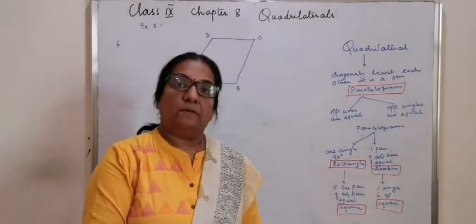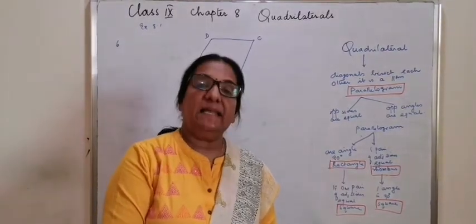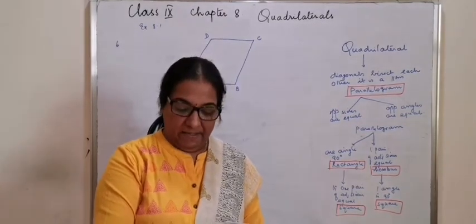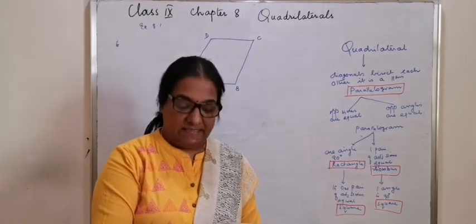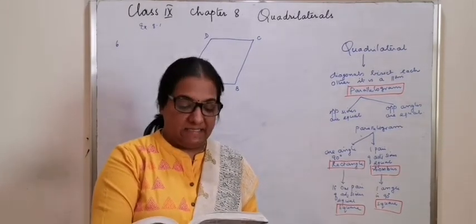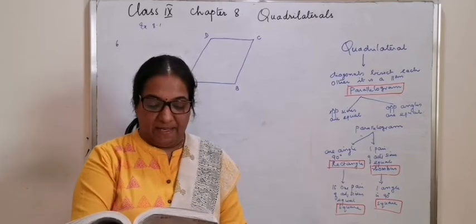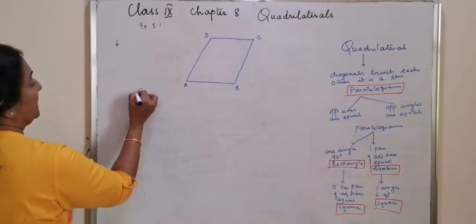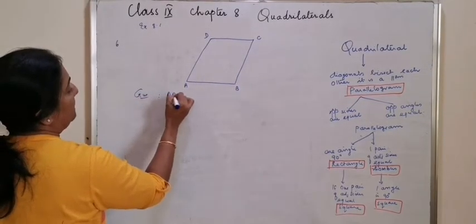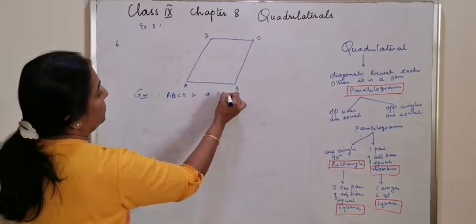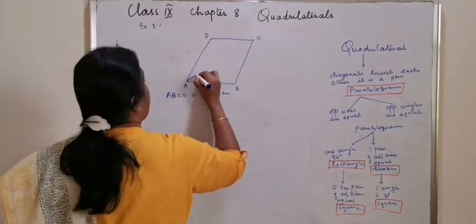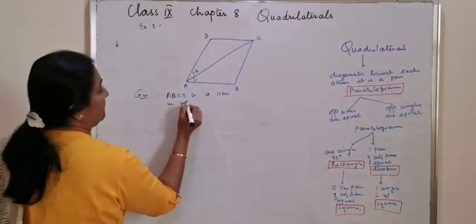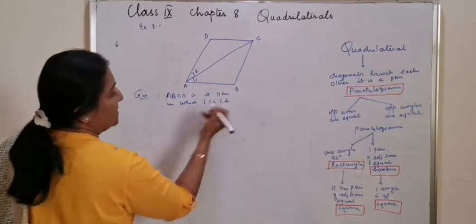Question number 6. Diagonal AC of a parallelogram ABCD bisects angle A. Show that it bisects angle C also, and ABCD is a rhombus. That means the given condition is ABCD is a parallelogram in which the diagonal AC bisects angle A, in which angle 1 is equal to angle 2.